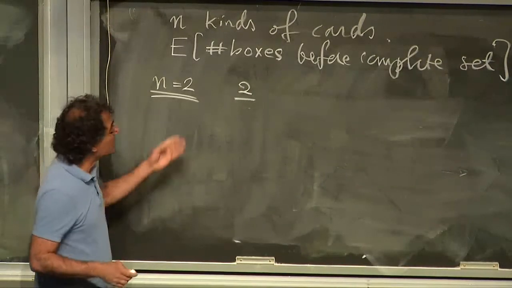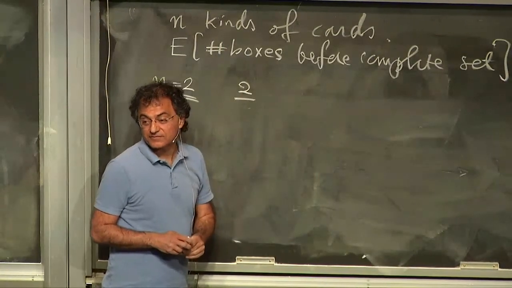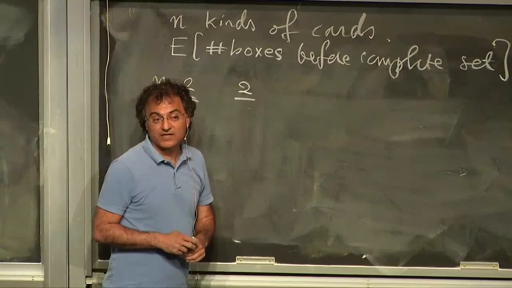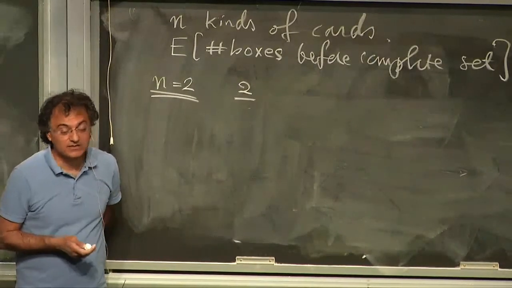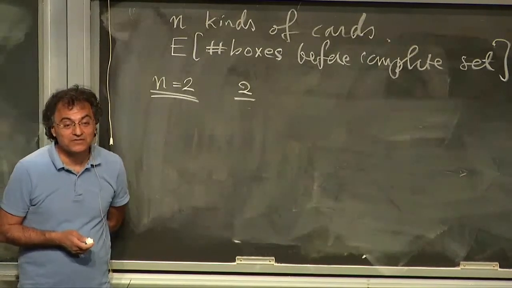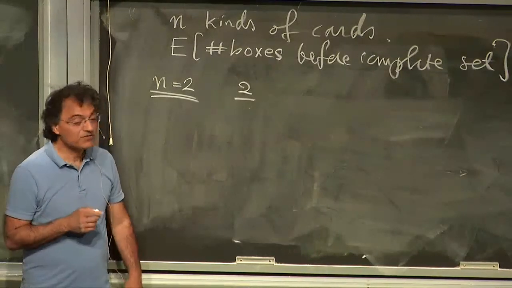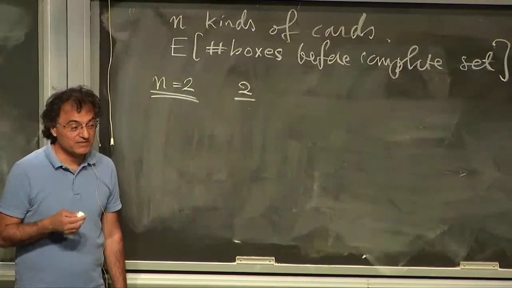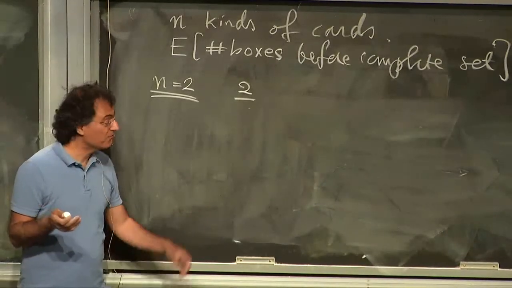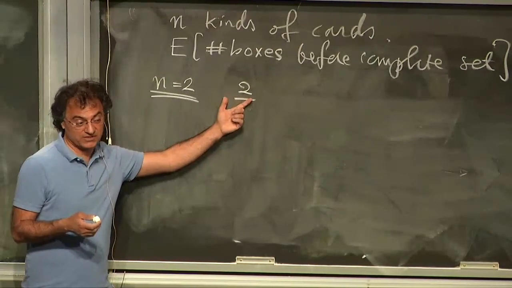And now, how much longer do you have to wait till you get card type 1? One over the probability of 1, which is a half, right? So you need to wait two more turns.